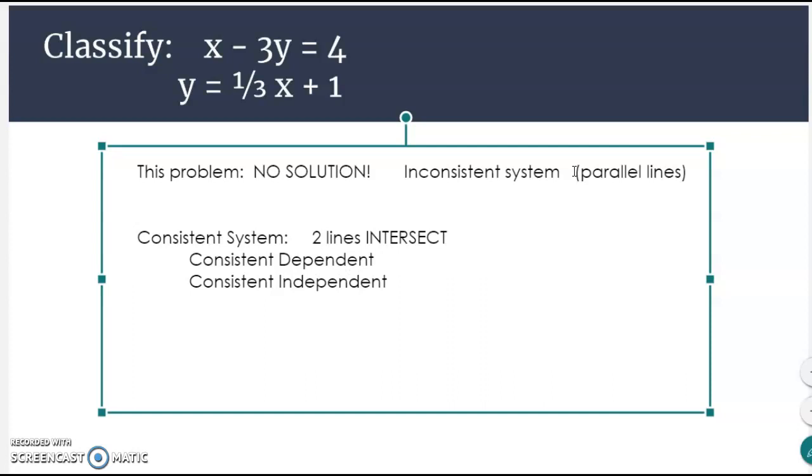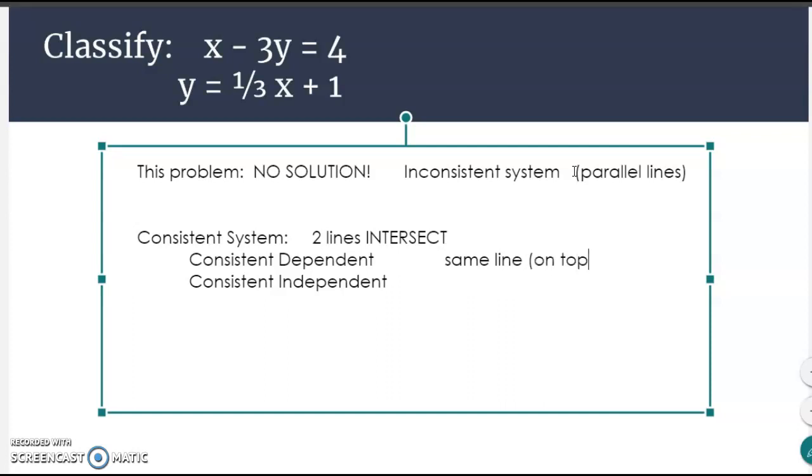And then here's the difference between the two. If it's consistent dependent, that means it's the same line sort of on top of itself. And so in theory you have two different lines touching each other an infinite number of times. Consistent dependent systems would have infinite solutions.